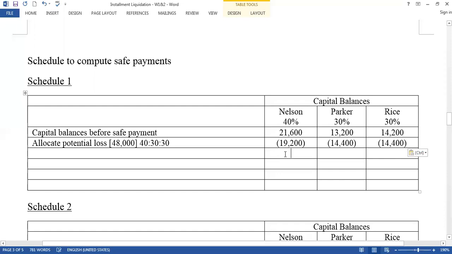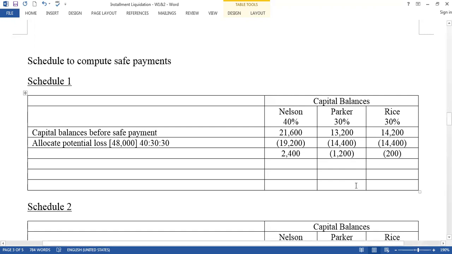After allocating the loss, what is the remaining balance? 2,400. Then it is, and this is 200, right?